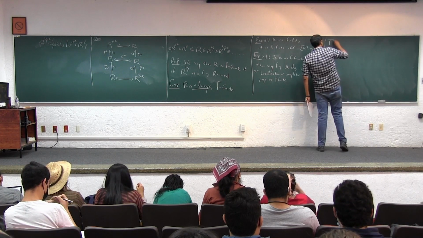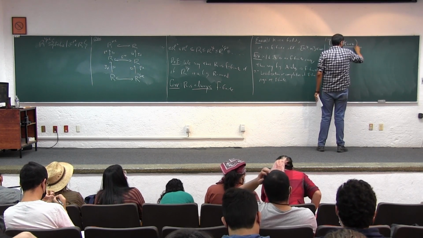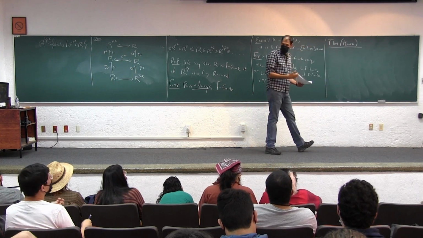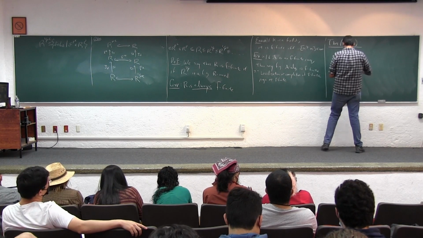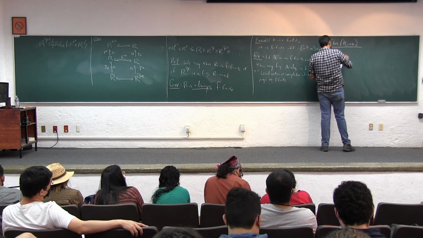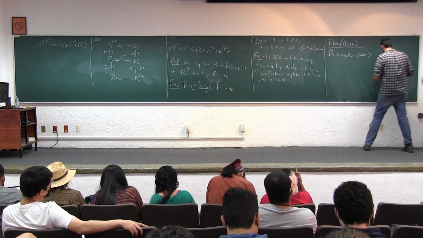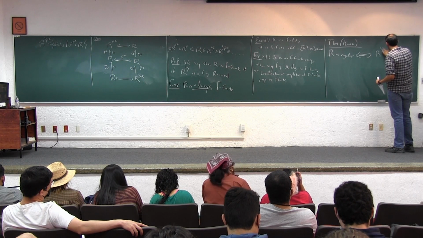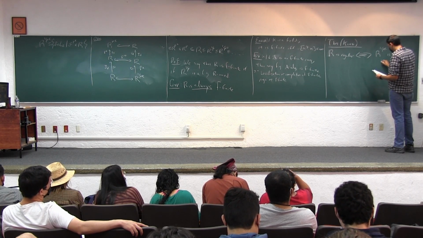So, an extremely important theorem that I think right away gives the importance of Frobenius in this kind of algebra is the following. R is regular if and only if R^{1/p^e} is a projective R-module.